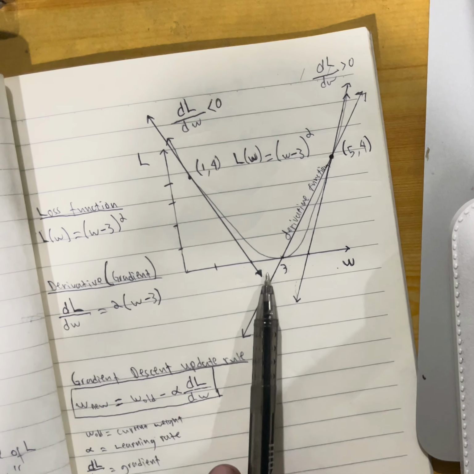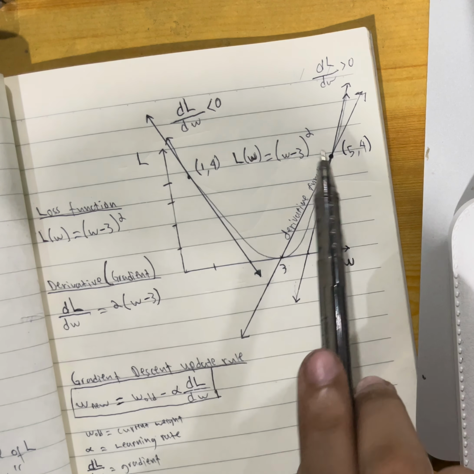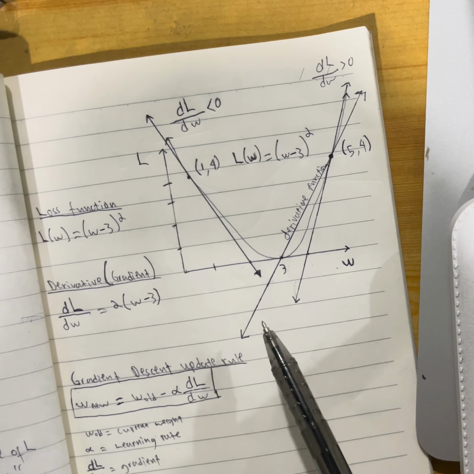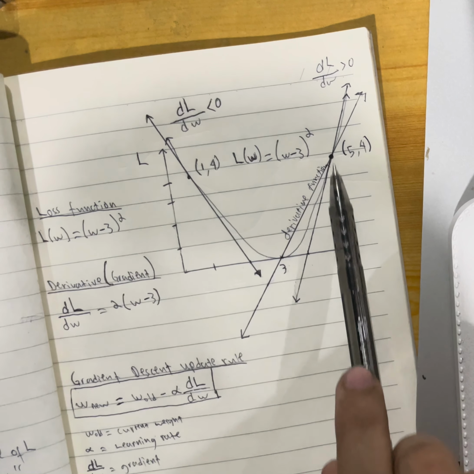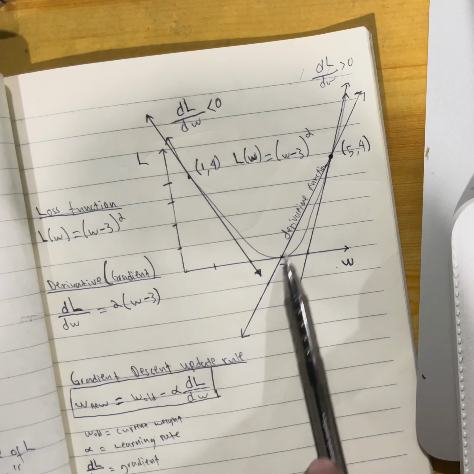Then what would happen if the gradient of the particular neuron is greater than 0 or positive? Let's say here, where the gradient is greater than 0. We must move it to the left, not to the right, to achieve this optimal value.